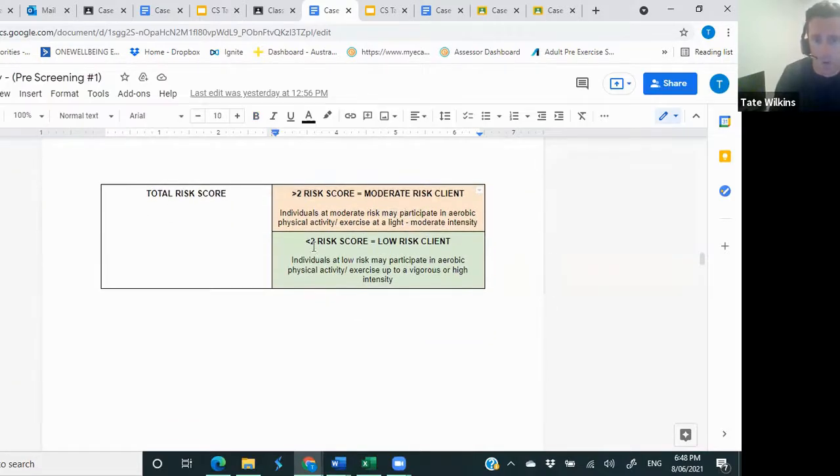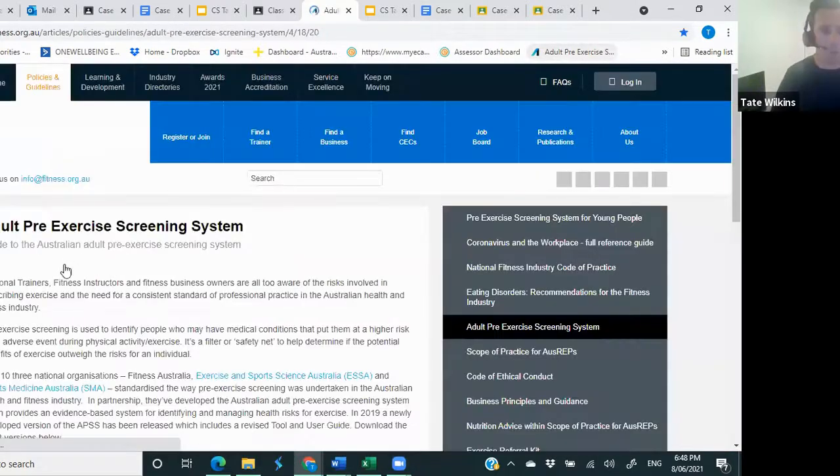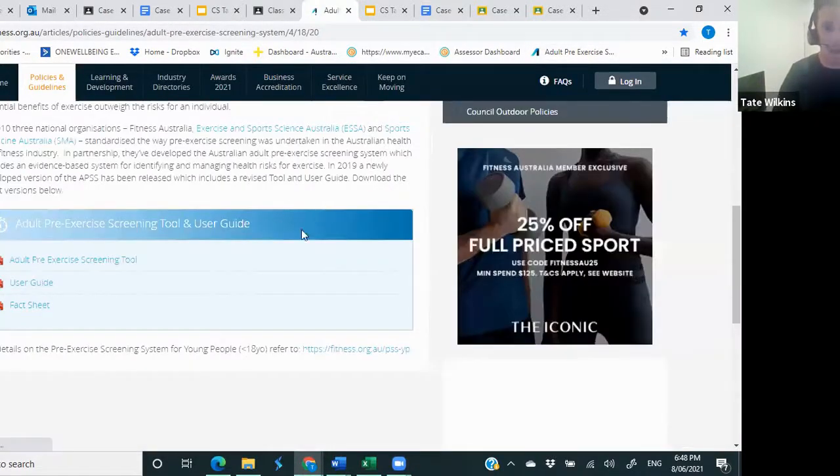Whereas if you're less than 2, you can then work at a higher intensity. So that's going to tell us what intensity we're going to train our clients at from this form, which is essentially the pre-screening form, this is the intensity guideline.